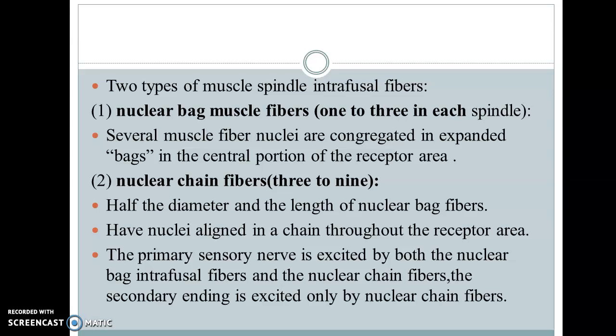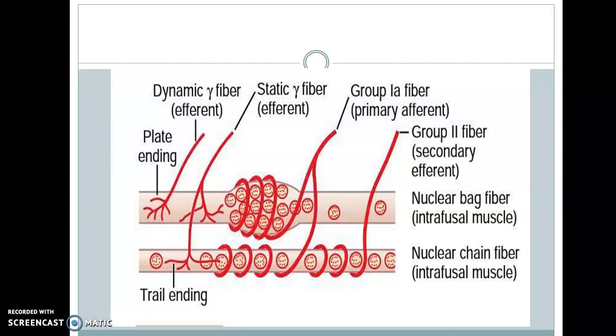So remember that muscle spindle intrafusal fibers are of two types. Nuclear bag fibers have innervation by both the primary as well as the secondary nerve endings, and the nuclear chain fibers, which are chain-like structures, are innervated only by the secondary ending.